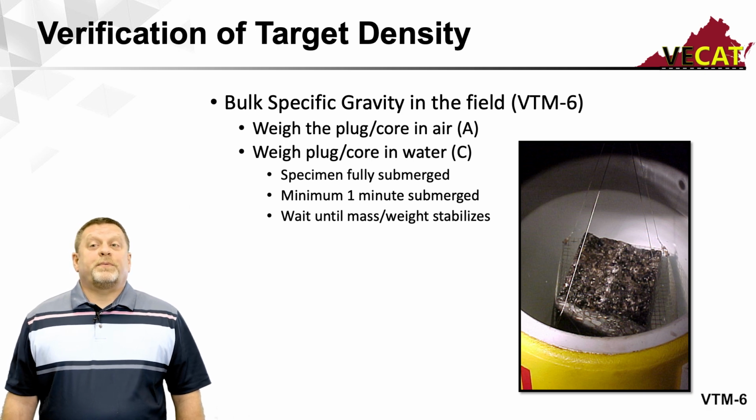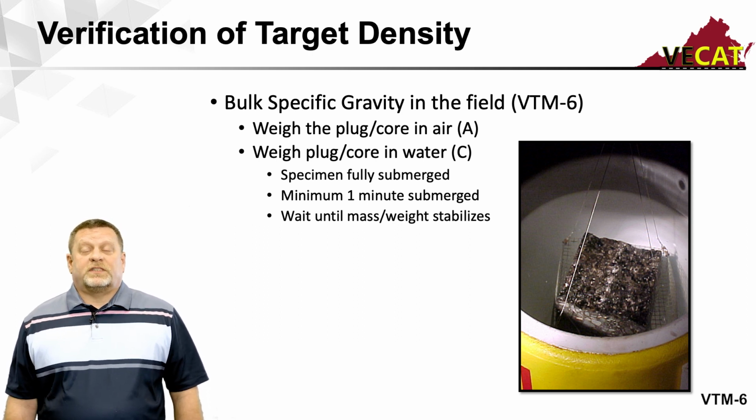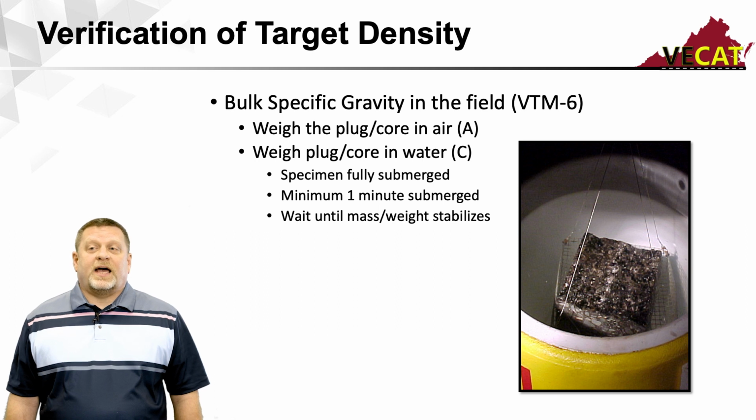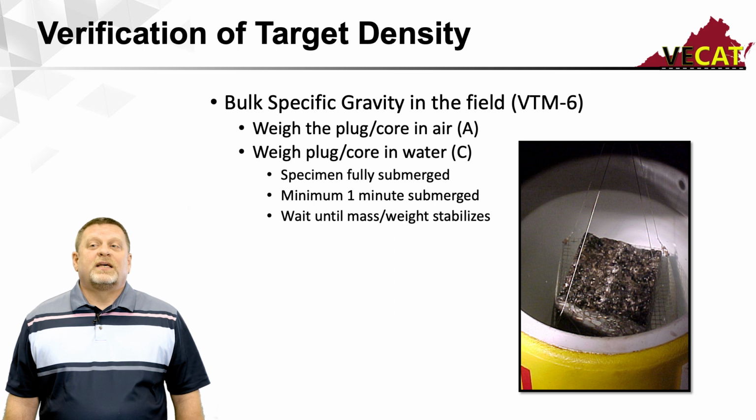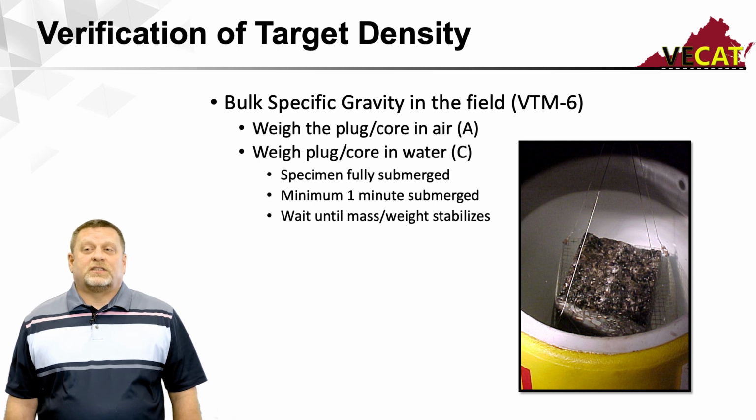The second step is to actually weigh your specimen in water. The specimen needs to be fully submerged in water for this to happen. None of the specimen can be sticking out. Actually, the only thing that should be breaking the surface of the water is a very fine wire type line. Some people use fishing line. Something small like you see in this image here is a good example of that.